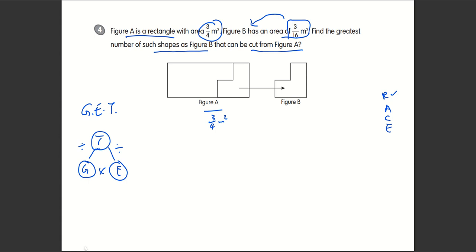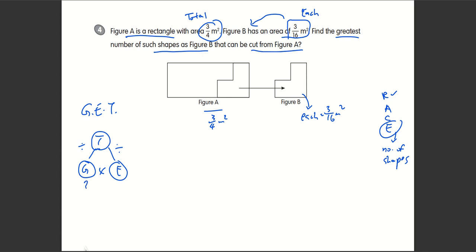But think about it, can I apply the same concept using the total and the each? One piece here, each is 3/16 square meters. The total is 3/4 square meters. You're looking at how many shapes. That's the number of shapes, that's the group.